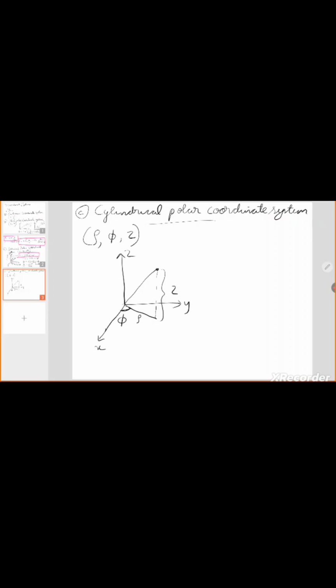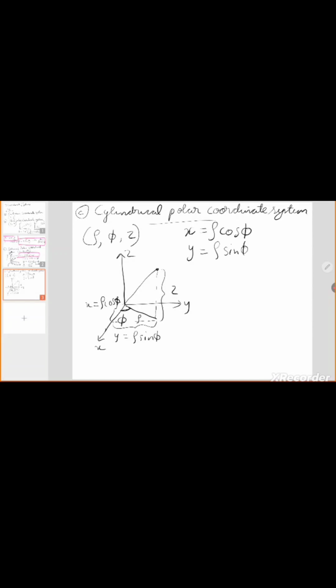Now from the figure we can write x is equal to rho cos phi and y is equal to rho sin phi.